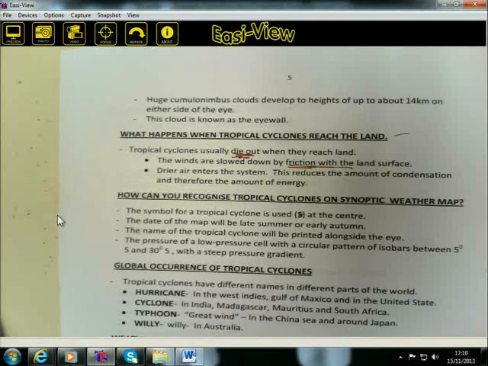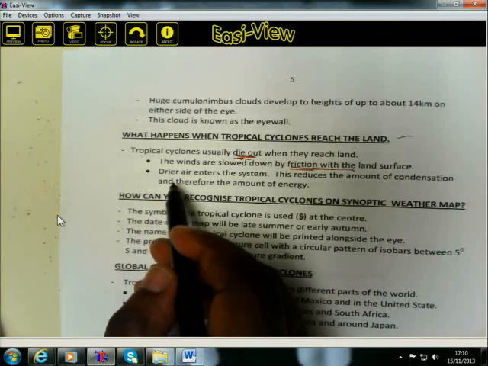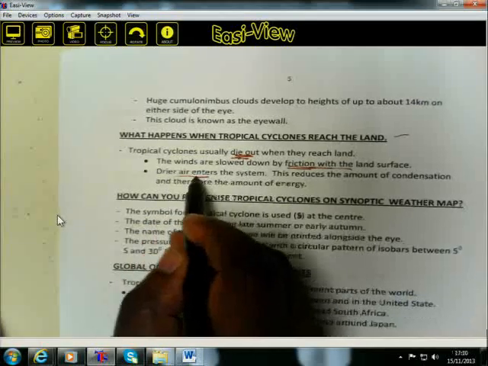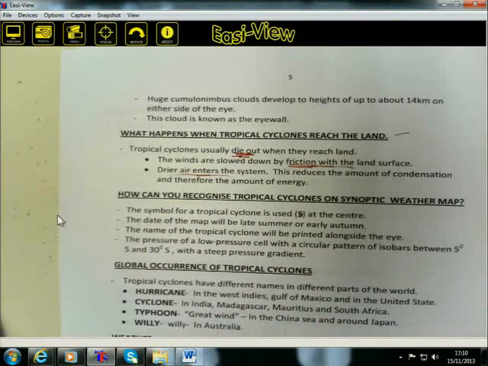Note that. Why do tropical cyclones usually die out when they reach the land? Two, the drier air enters the system. Remember, for a tropical cyclone to develop, we were saying it needs warm air, the rising of the warm air. Now, when the tropical cyclone reaches the land, dry air enters the system.